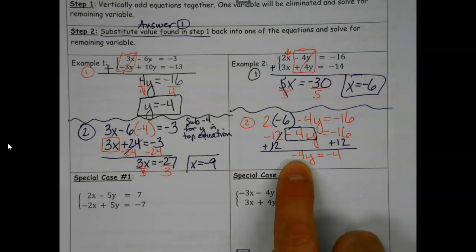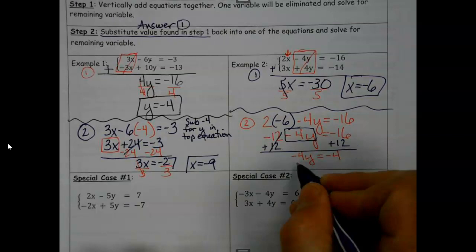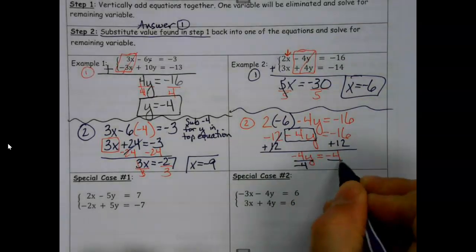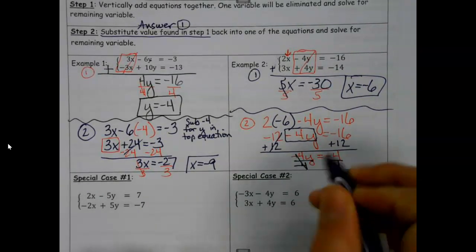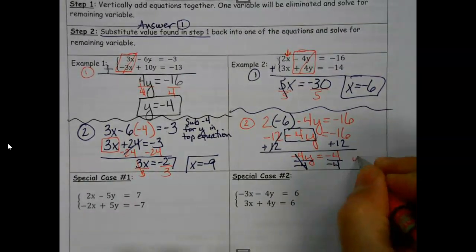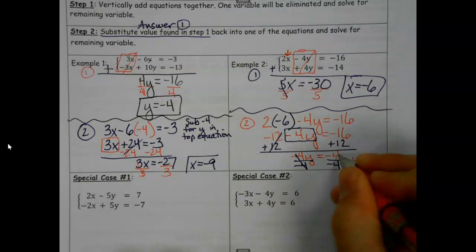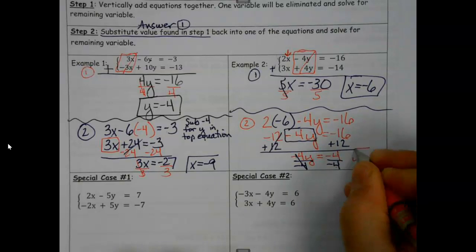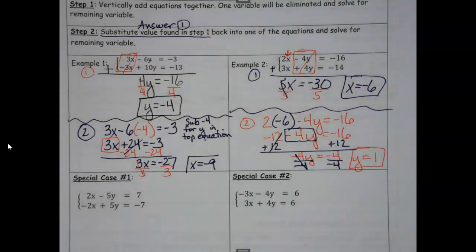That's not y minus 4 or -4 plus y. It's -4 times y. So we're going to divide by -4, and negative divided by negative is positive.